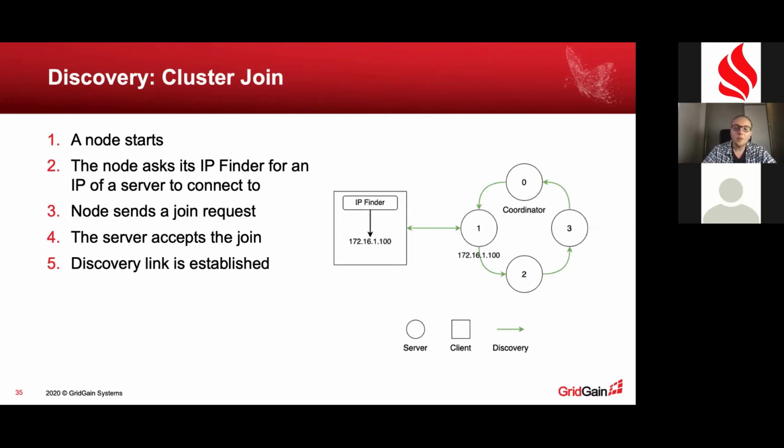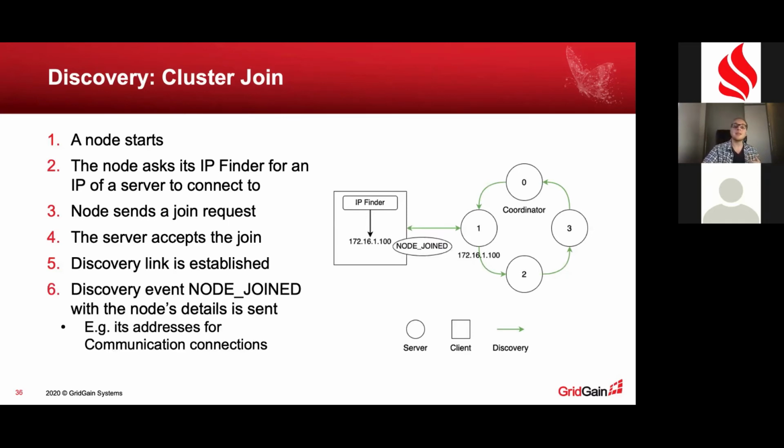But not quite. The issue is that the node has just joined, and it knows a bit about node number 1, because this is the node we are connected to, but we know nothing about nodes 0, 2, and 3. And these nodes also don't know anything about the newly joined node. So we will use discovery message delivery to send a discovery message, node joined.